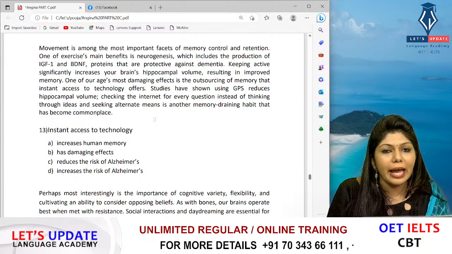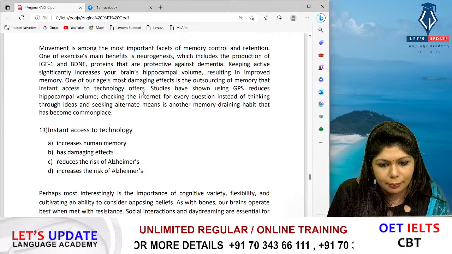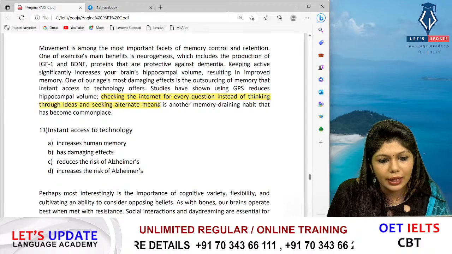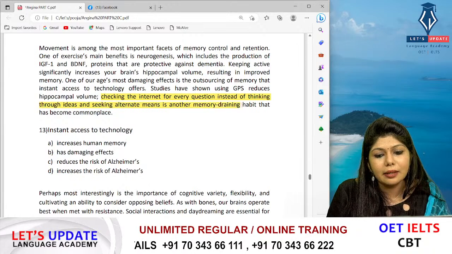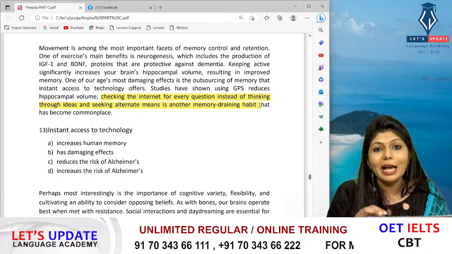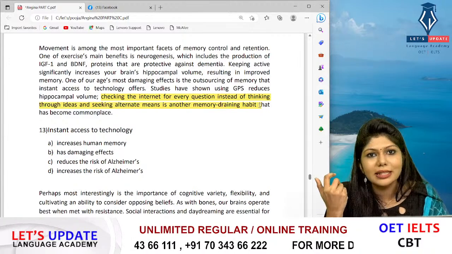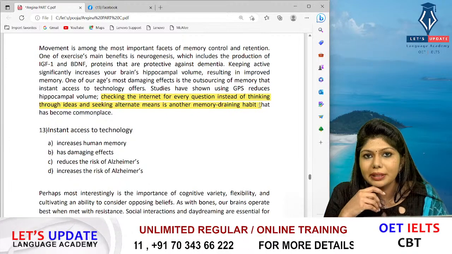Yes, it could actually increase the risk of Alzheimer's, because what have they mentioned is checking the internet for every question instead of thinking through ideas and seeking alternate means, it is another memory draining habit. In the sense, if that is draining your memory, it means it could lead to Alzheimer's definitely. Okay, because then you don't have memory retention.